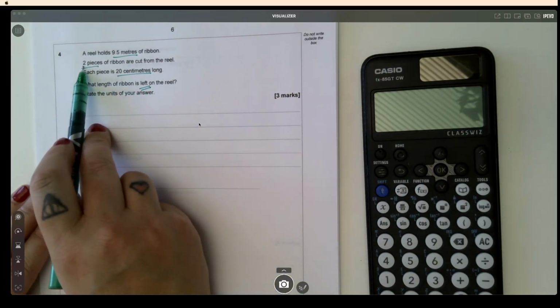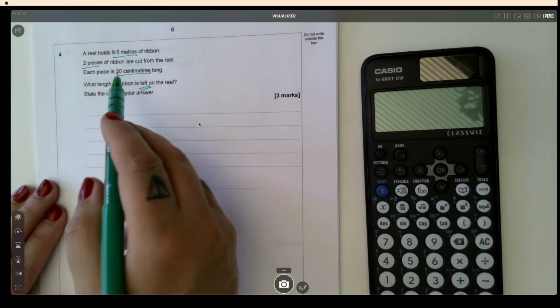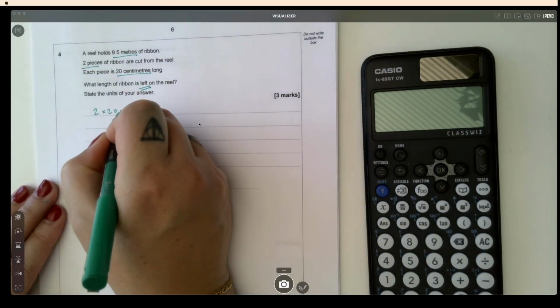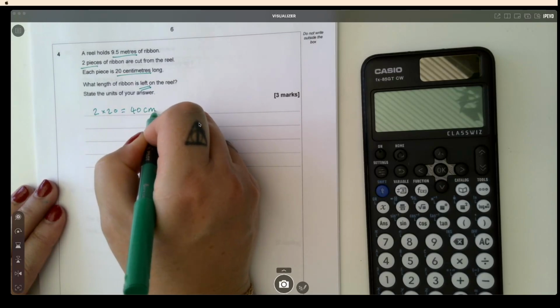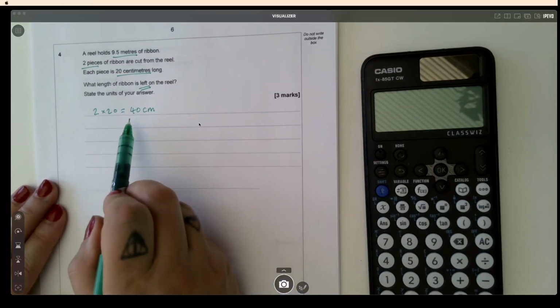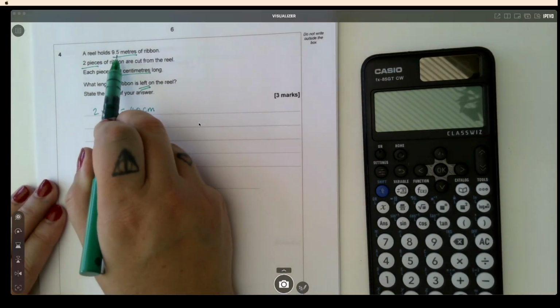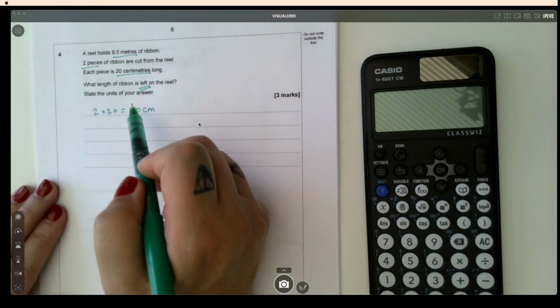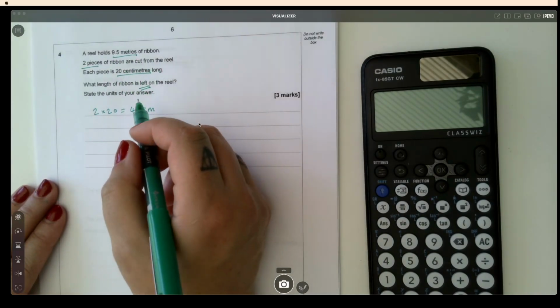Okay, so if we're cutting 2 pieces of ribbon that are 20 centimetres long, those 2 pieces are 40 centimetres in total. So we need to subtract 40 centimetres from 9.5 metres, but it will be easier to do that if they're both in the same units.